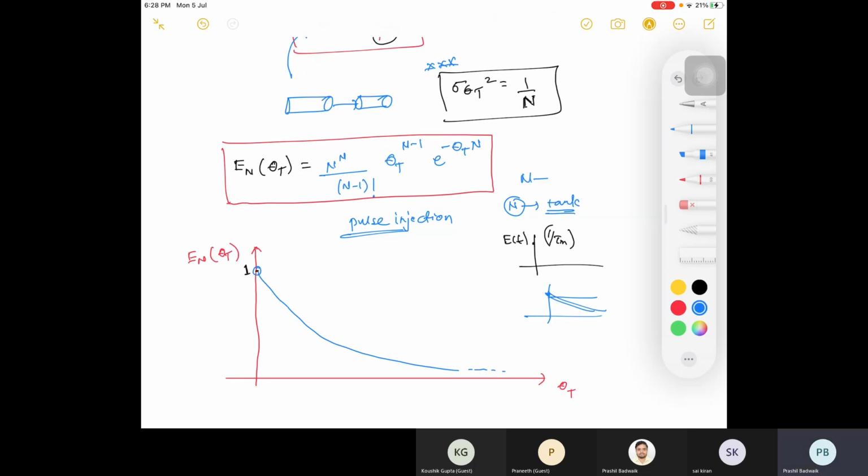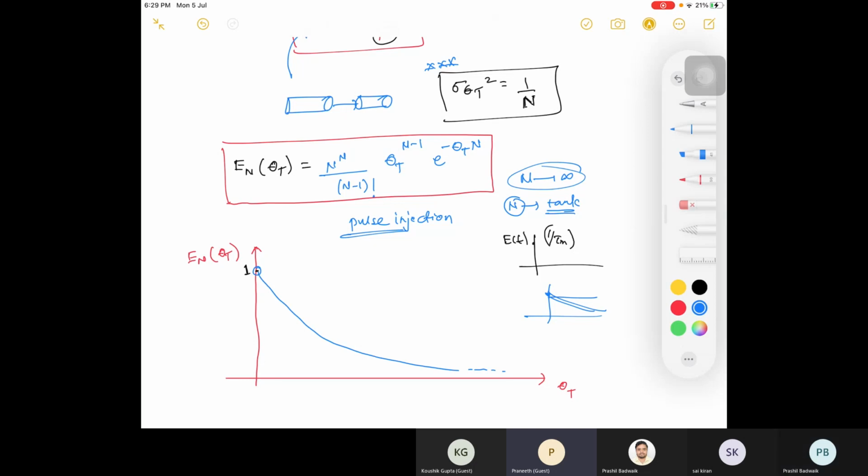Now suppose your n is tending to infinity, number of tanks infinity. That arrangement will be equal to your plug flow reactor. Am I correct? Yes, sir. So for a plug flow reactor, what is your ET curve?